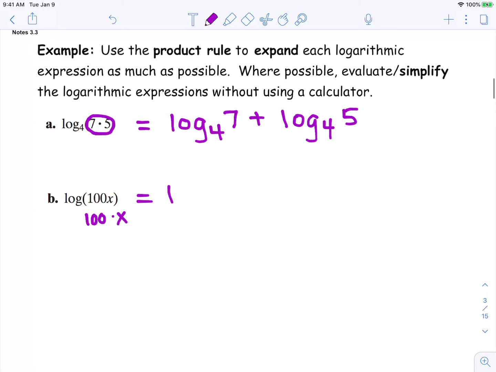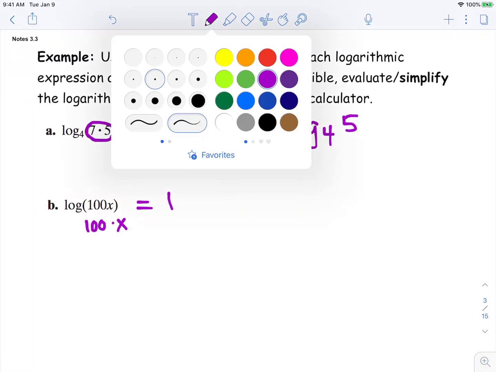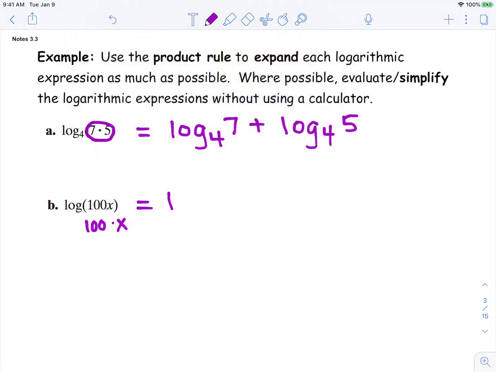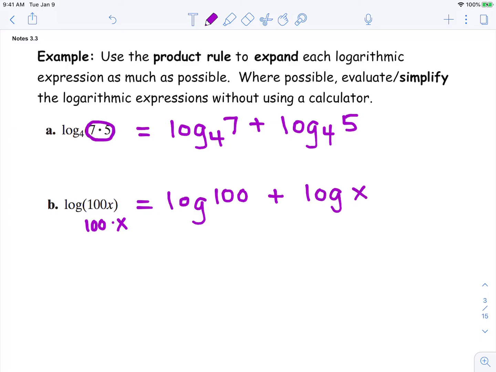So we have a common log of 100 plus another common log of x.